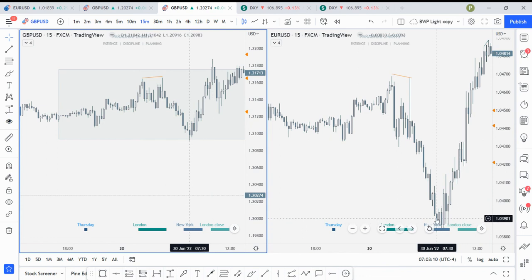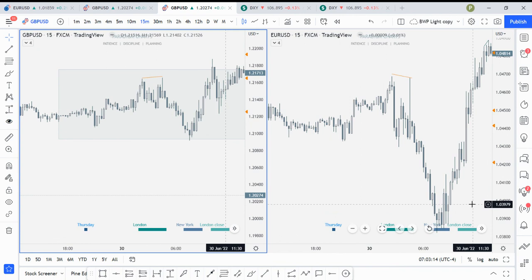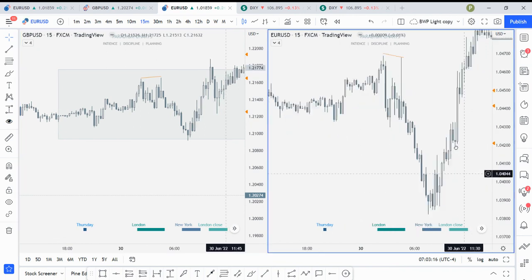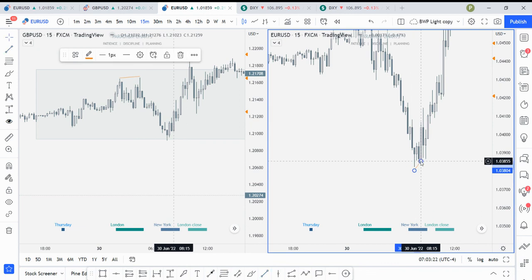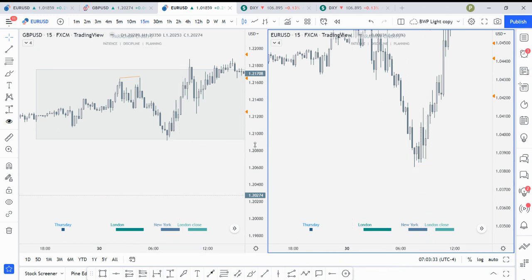You can also see another SMT divergence here. This one is making a higher high here. Is that an SMT divergence? Not really. There is really no SMT divergence here.